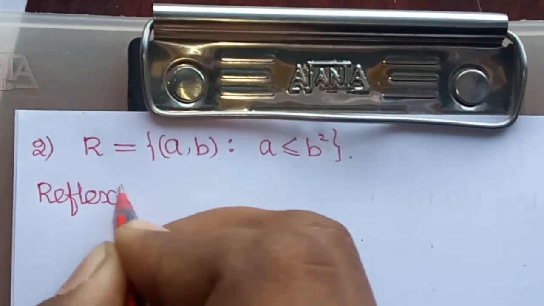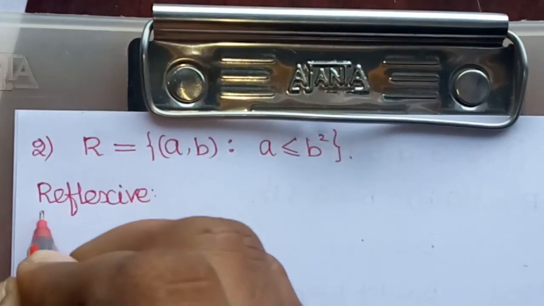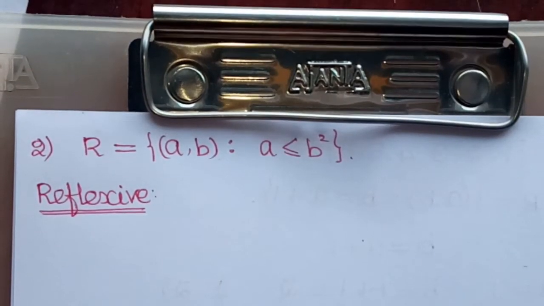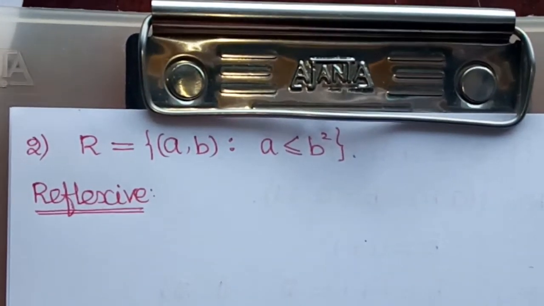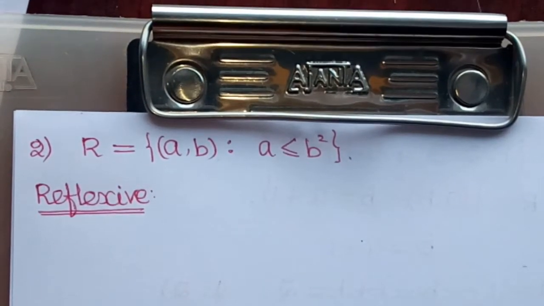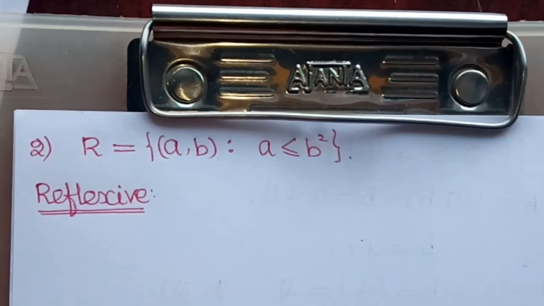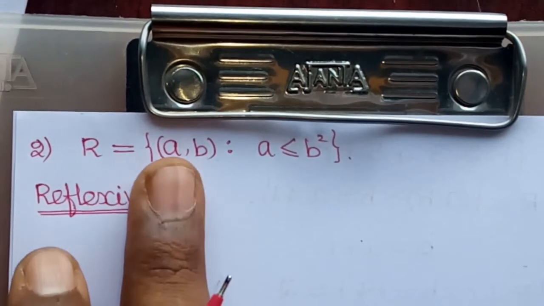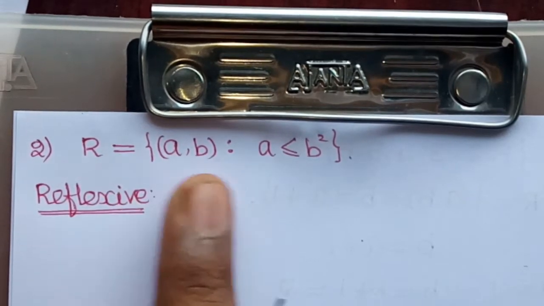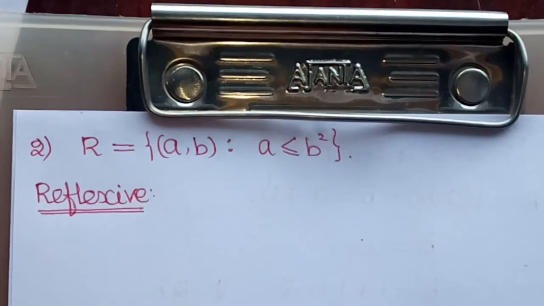A relation is said to be reflexive when (A, A) is there. So for (A, A), we check A with A, and we check the condition.